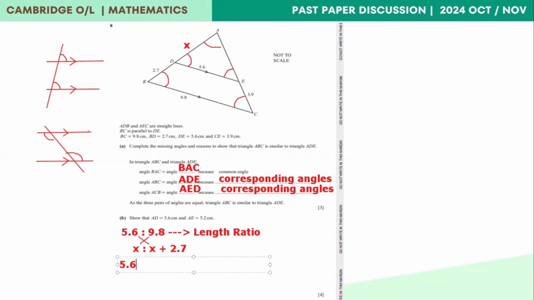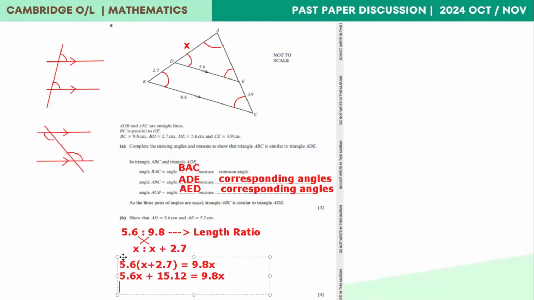So 5.6 bracket X plus 2.7 is equal to 9.8X. 5.6 into X is 5.6X, and 5.6 into 2.7 is 15.12, equal to 9.8X.